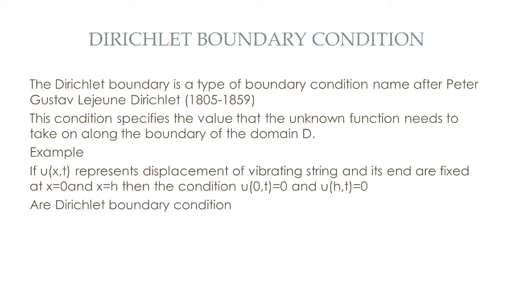This condition specifies the value that the unknown function needs to take on along the boundary of the domain D. Example, if u of x, t represents displacement of a vibrating string and its ends are fixed at x equals 0 and x equals h, then the conditions u of 0, t equals 0 and u of h, t equals 0 are Dirichlet boundary conditions.